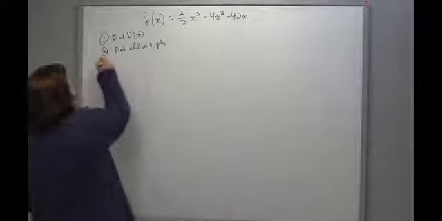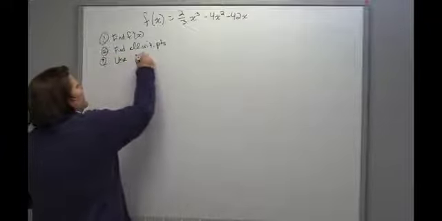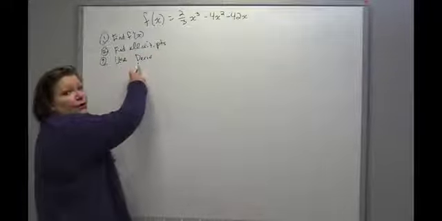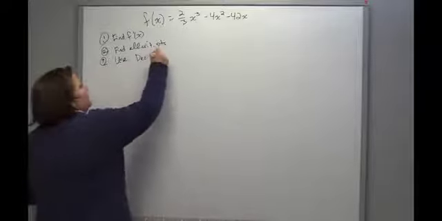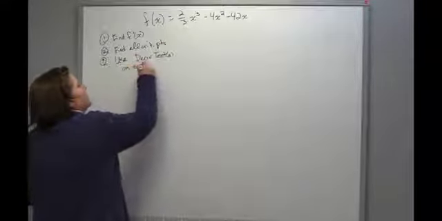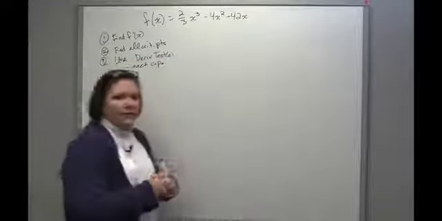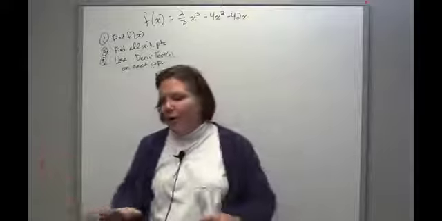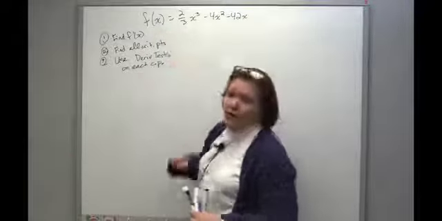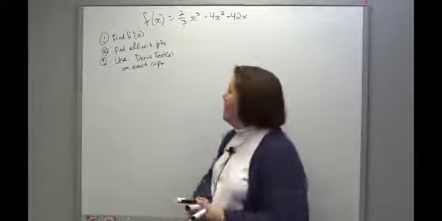And then we want to use the derivative tests, either first or second, on each critical point. So those are the overall steps when you're talking about finding local extrema or classifying critical points.